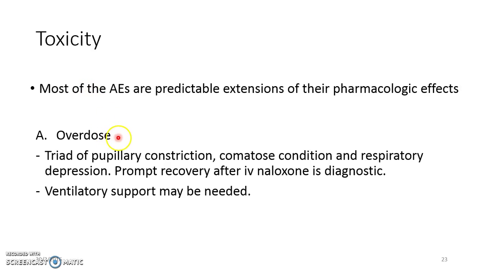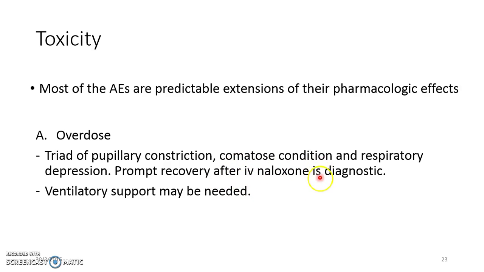For overdose, when you see a patient with a triad of constricted, small pupils, they are comatose, and they have respiratory depression, their respiratory rate becomes low, from 12 to 5, for example, then you have to promptly think of opioid overdose, for example with heroin or morphine or others, and this will require a stat IV naloxone.